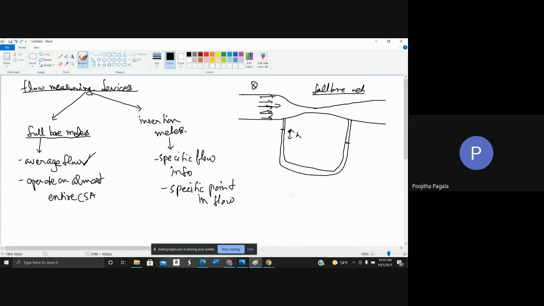There is something called a pitot tube. So when this is your pipe and you have a tube this way, when the fluid is flowing, the fluid here will have dynamic pressure.